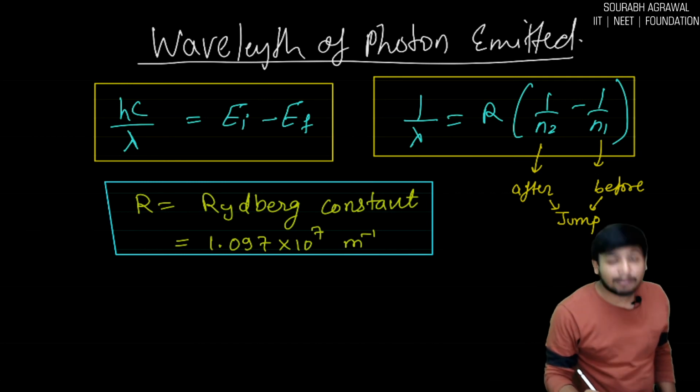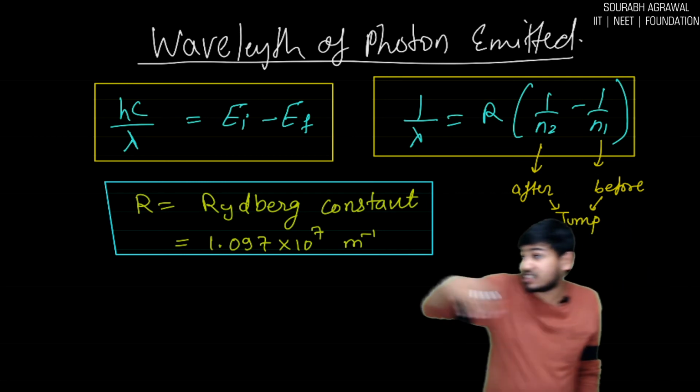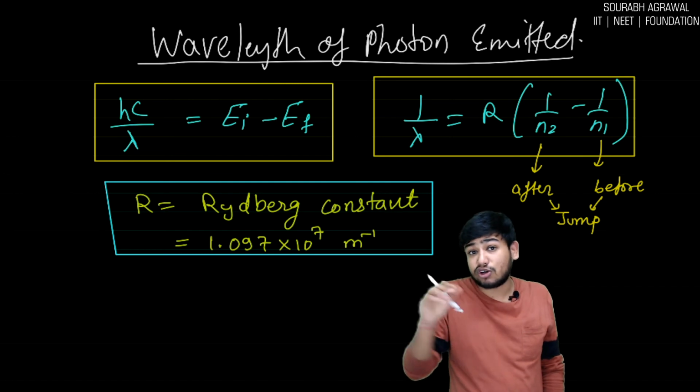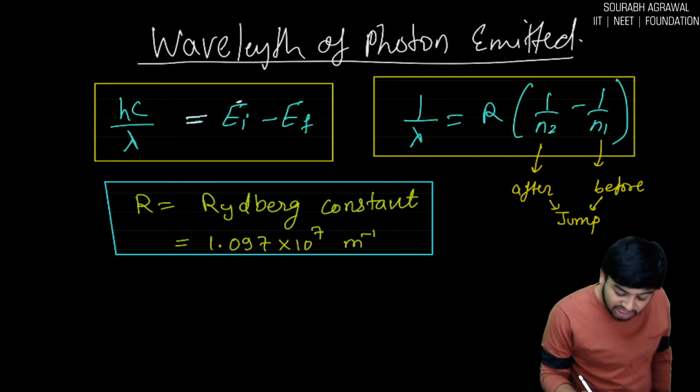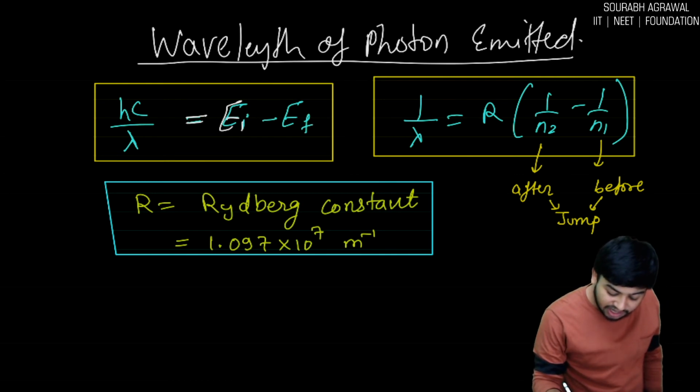So we say hc by lambda. The energy that is coming out, hc by lambda, must be equal to the energy, which is initial energy minus final energy.